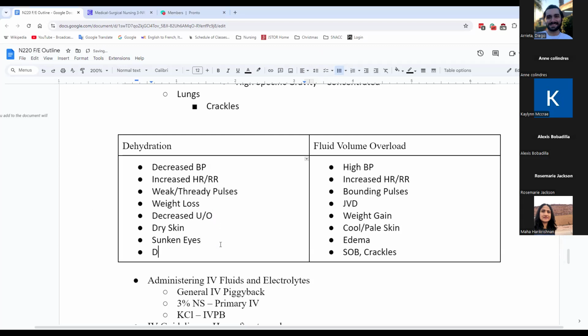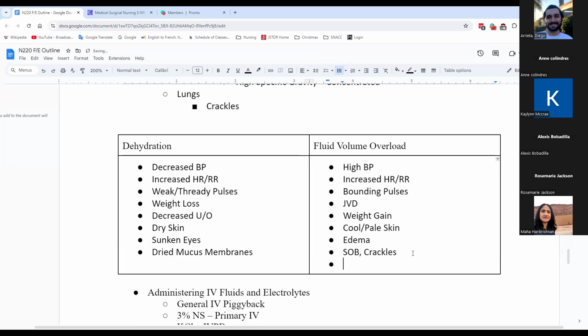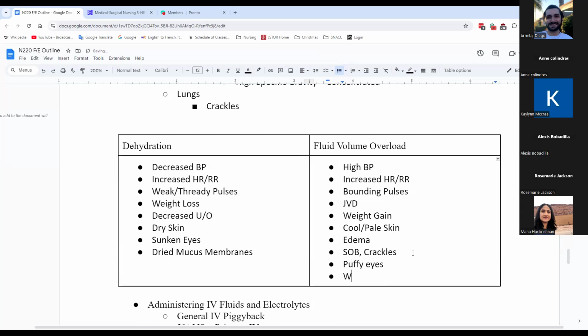Furrows on the tongue. I forgot about that one. You could have puffy eyes, weeping edema. Sure, I'll include those. Have you all ever seen weeping edema? I've seen it. It's gross. I had a lot of patients in the care homes with it.